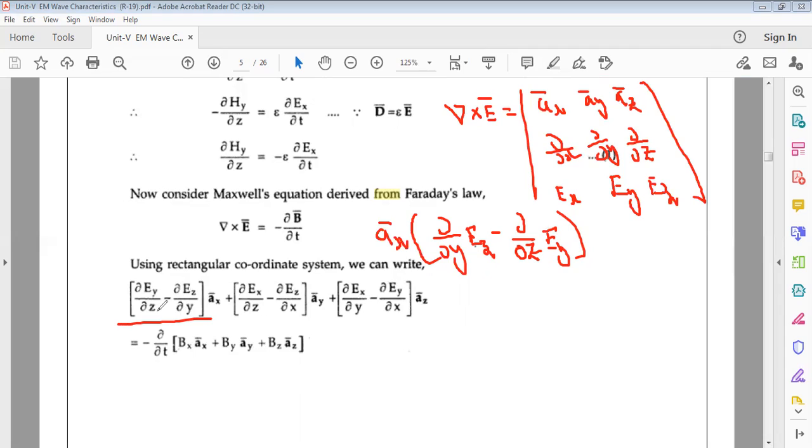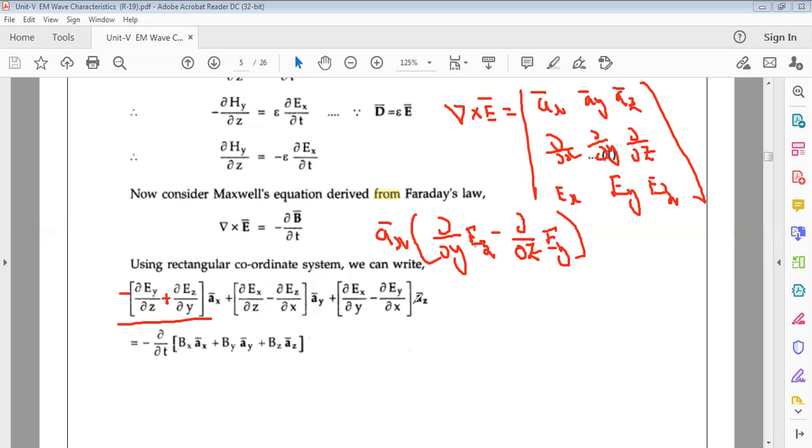Why is it a minus? Already we have that ax bar. You can take here the plus dou by dou y into ez only, and minus dou ez by dou y. Let us take this a minus term and this a plus term, my dear students.